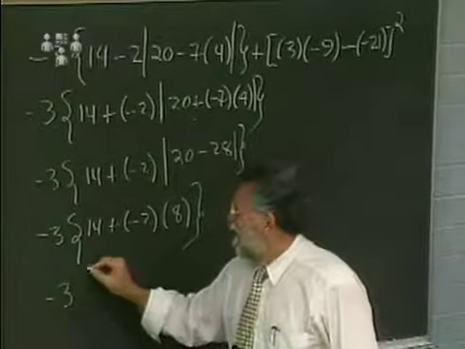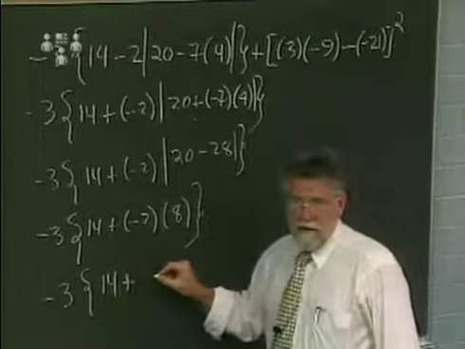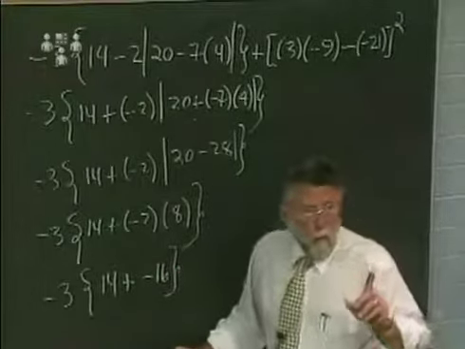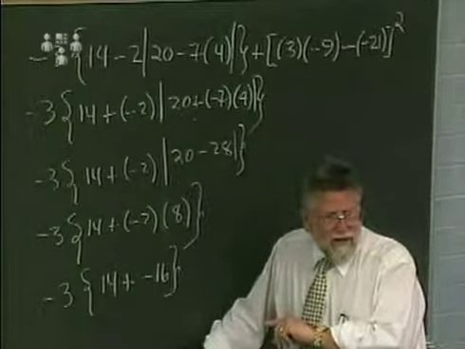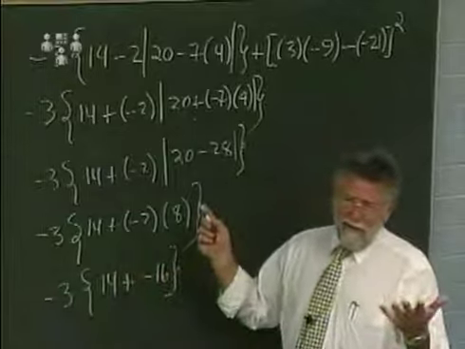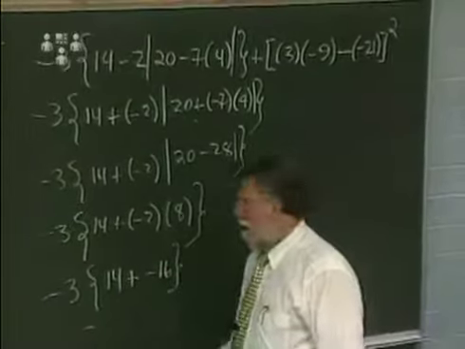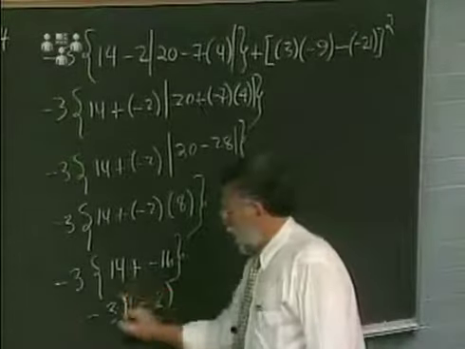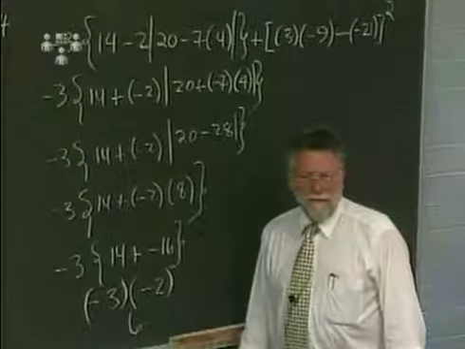Now, negative 3, brace 14, plus negative 16. Now, we could, at this point, do Emily's distributive property. I could take negative 3 times this and add it to negative 3 times this, or why not just say negative 3 times negative 2, which is 6. Okay, we got that part.